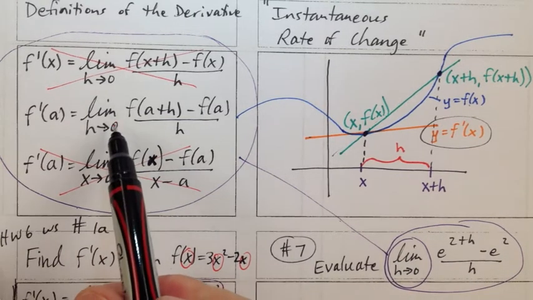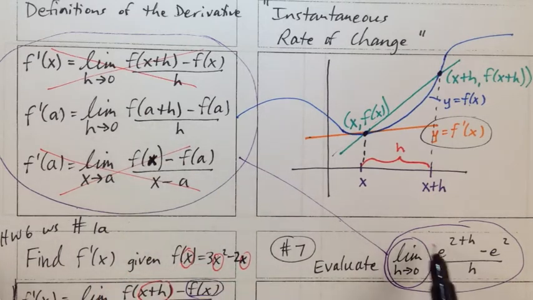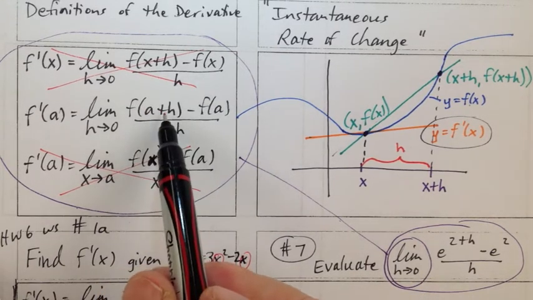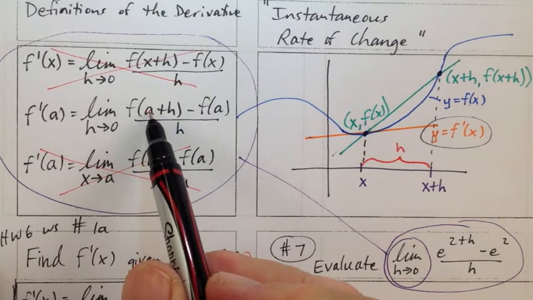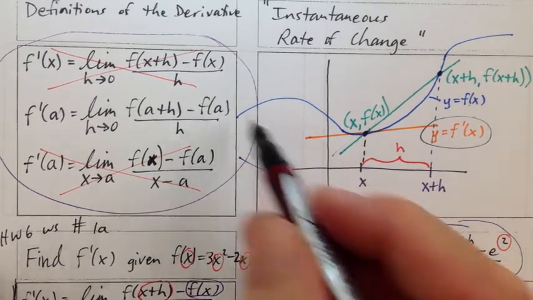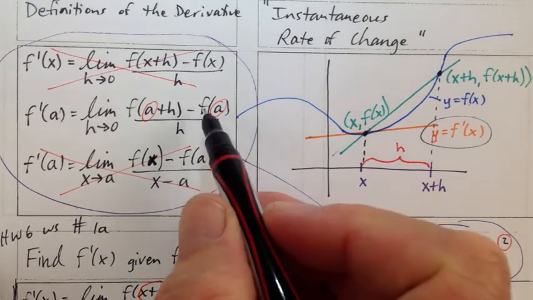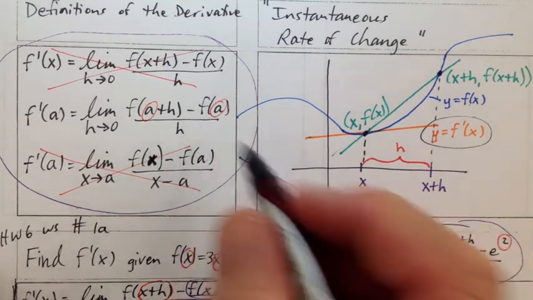Notice that we have h approaching 0, good, f of something. So we have some function of a plus h. Now a is a real number, and so notice that the 2 here is the a here, same position. Okay, so what we want to know here is, what is the function? Well, f of a is f of 2.